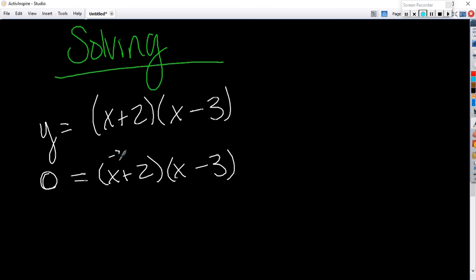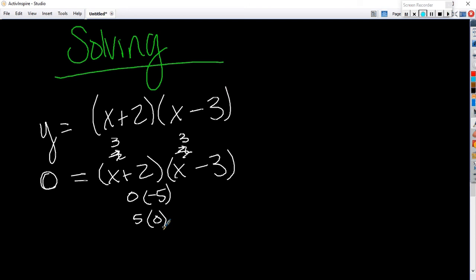If I put a -2 in for this x and this x, this first parentheses would be, what's -2 plus 2? 0. And it doesn't matter that this one's -5 because 0 times whatever is 0. And then vice versa, if I plugged in +3, this one would be 5, but the second one would be 0. So both of those values would make my equation equal 0. Does that make sense to you?